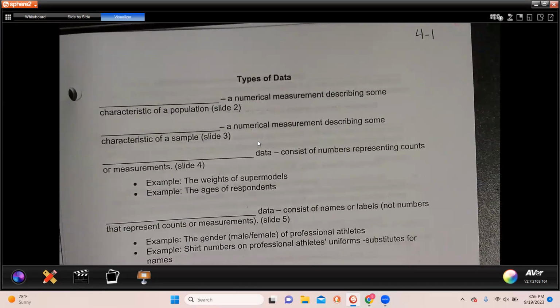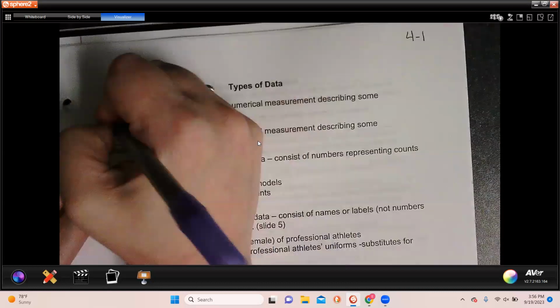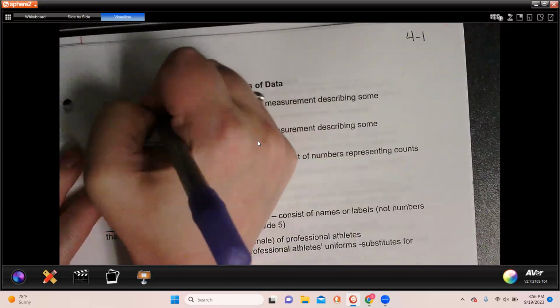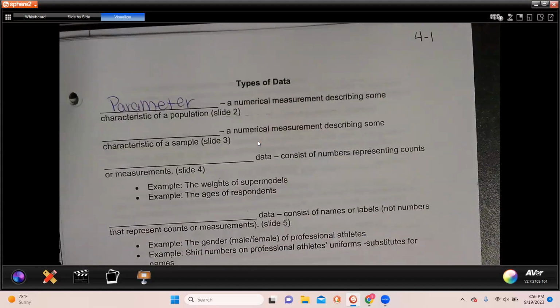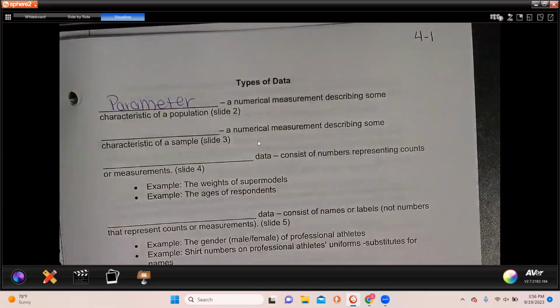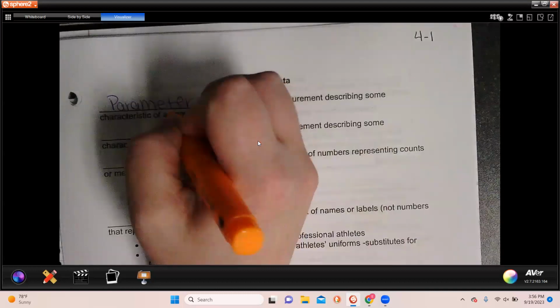So I'll start with 4.1. 4.1 is about the types of data. So if you're using the guided notes, okay, a parameter is a numerical measurement describing some characteristic of a population. There's the key word right there, of a population.